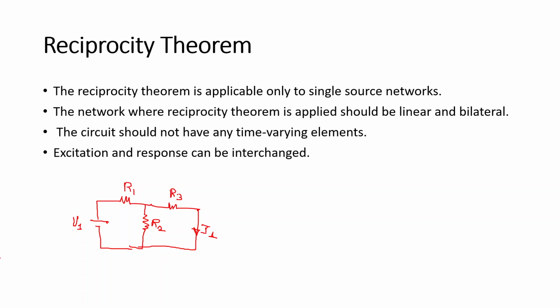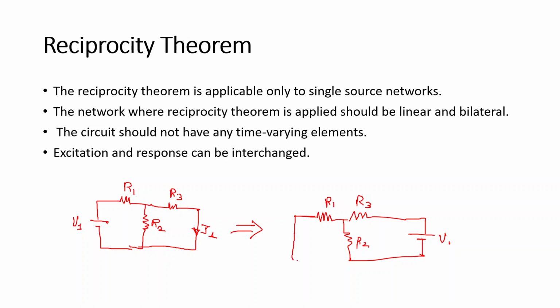From the reciprocity theorem, the excitation and the response can be interchanged in the form like this: R1, R3, and R2. So here, in the place of the response, that is I1, we place the excitation V1, and we get the I1 response. This is the basis of the reciprocity theorem.